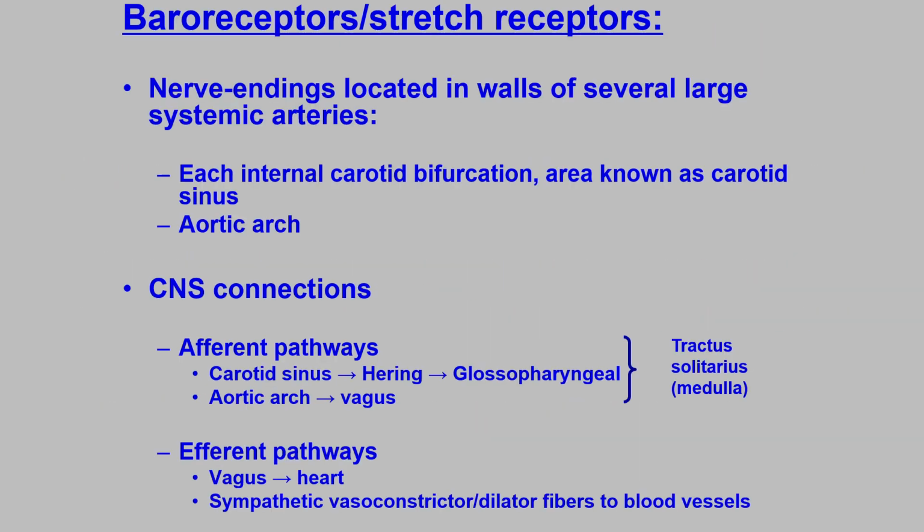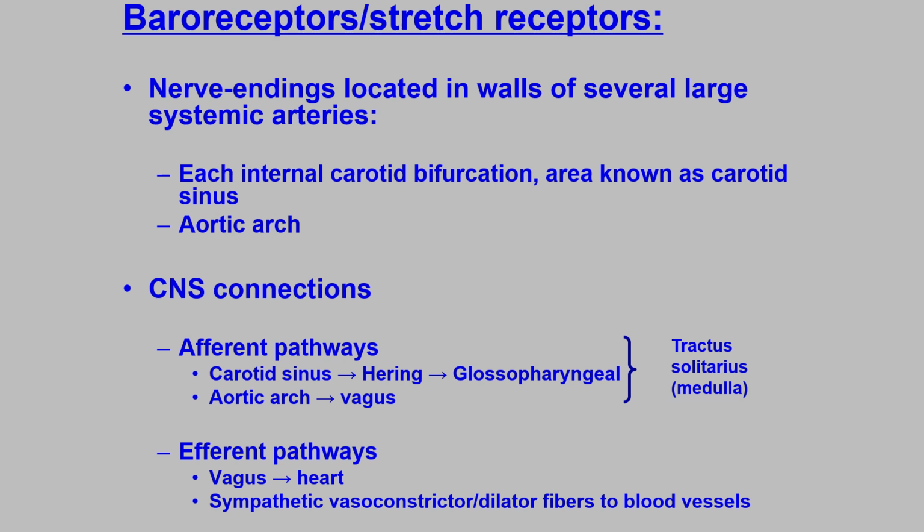So the afferent ends of these pathways are located in the carotid bifurcation, the area known as the carotid sinus, as well as in the aortic arch. They send their signals to the central nervous system, basically to the tractus solitarius of the medulla, through two major cranial nerves, the glossopharyngeal nerve and the vagus nerve.